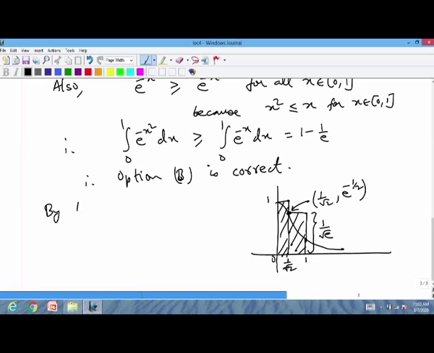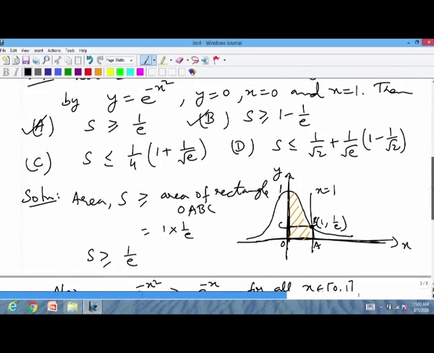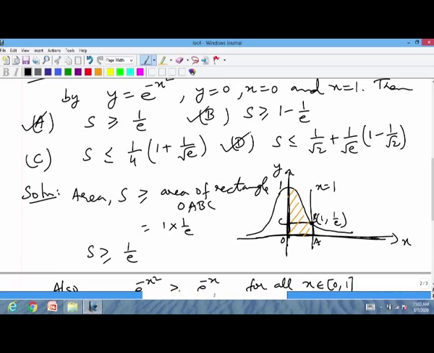By the figure, we see that S is less than or equal to the sum of the areas of these two rectangles. The area of the first rectangle is 1 by root 2, plus the area of the second rectangle, whose height is 1 by square root of e, times 1 minus 1 by root 2. So, that is our option D. So, A, B and D are correct.